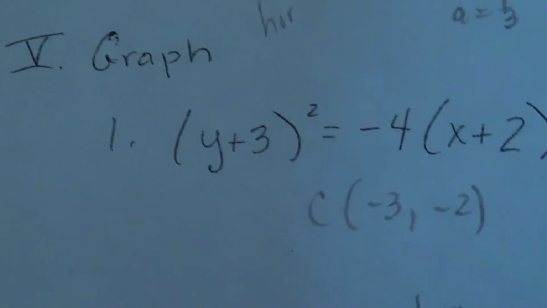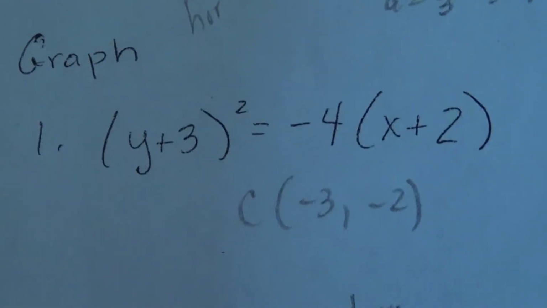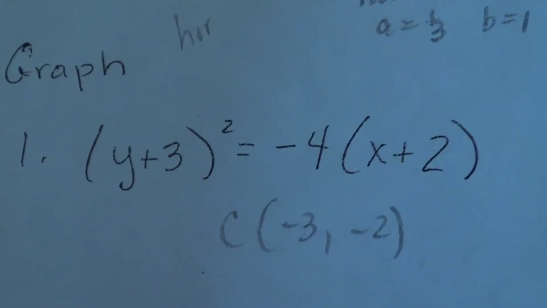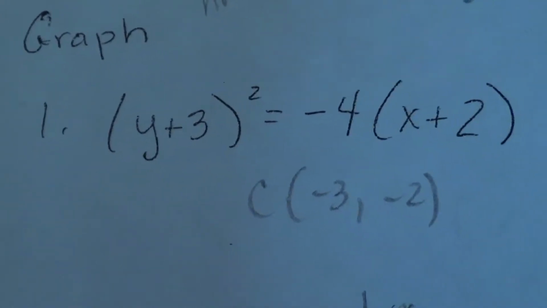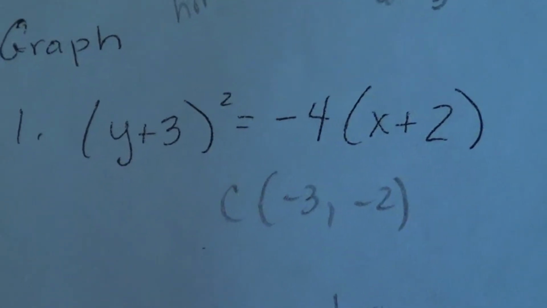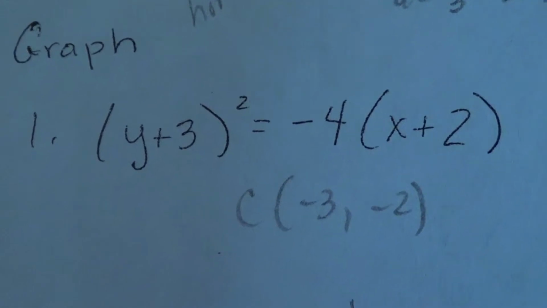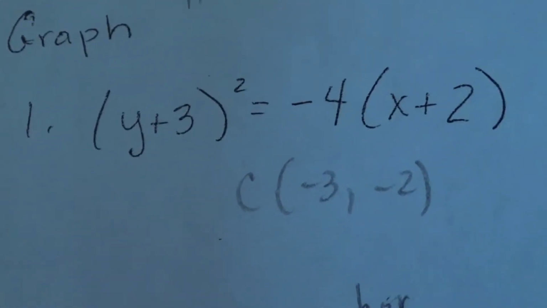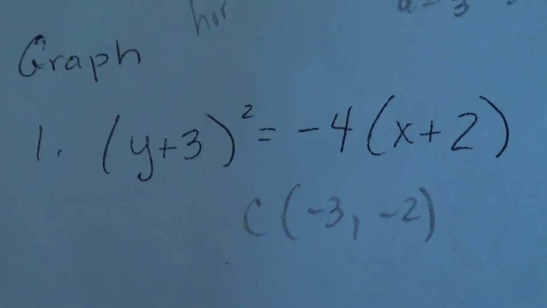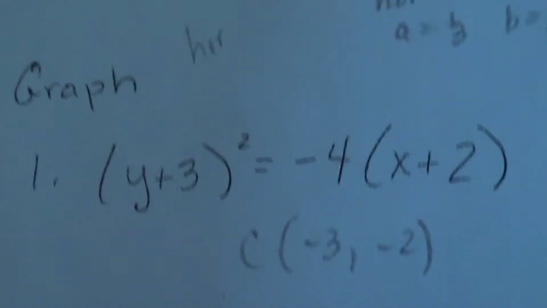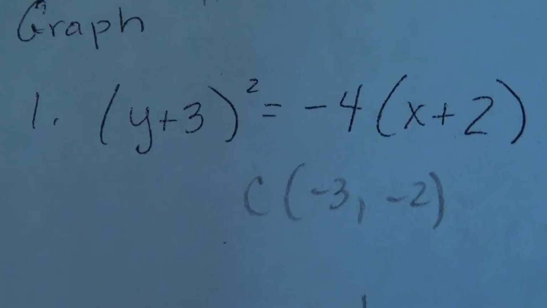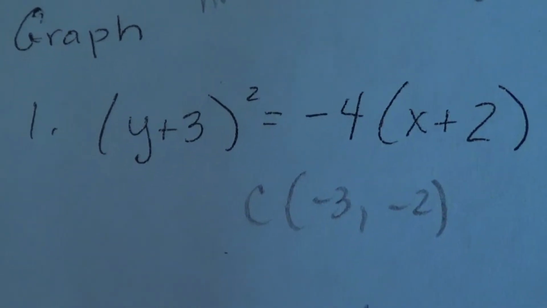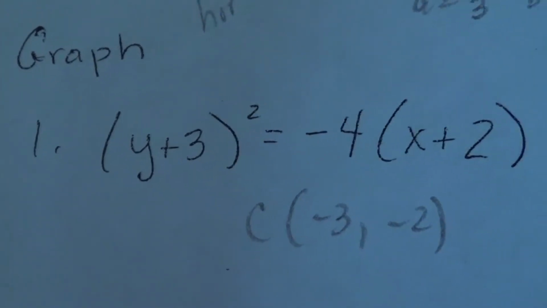You said you had trouble on this one, the parabola. The first one's all set up. So what's the center? I did it wrong again. It's a parabola, it's already set up, so just look for your -2, -3. The x value of the center is -2, and the y value is -3.